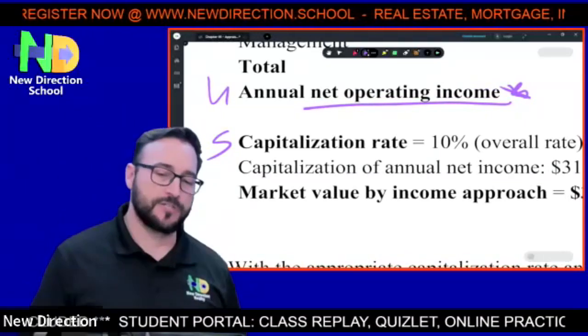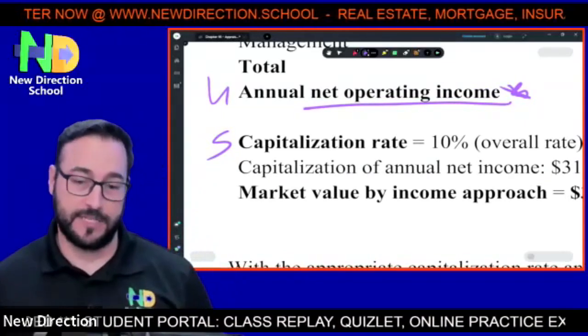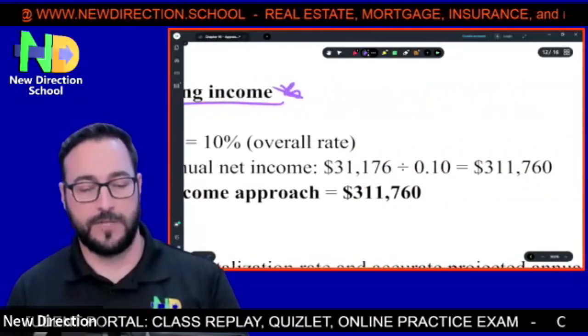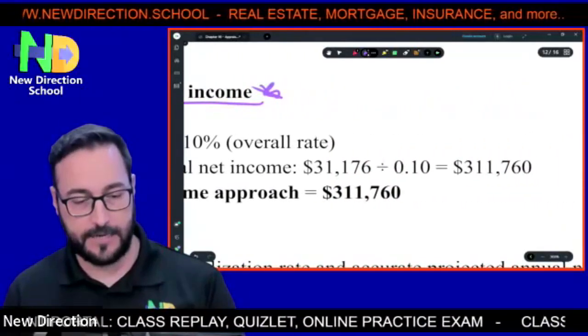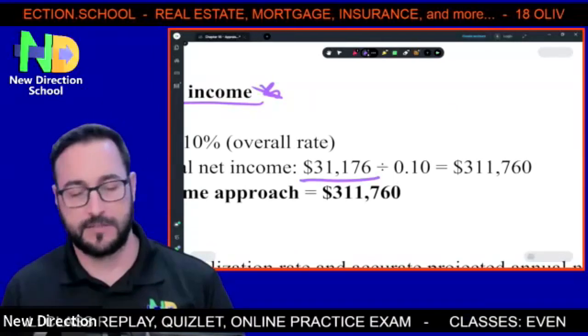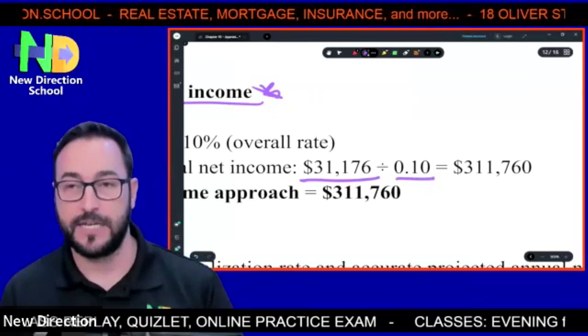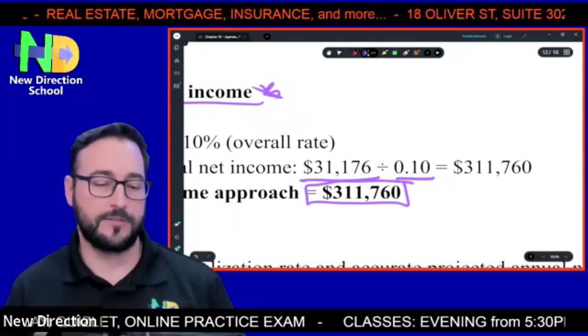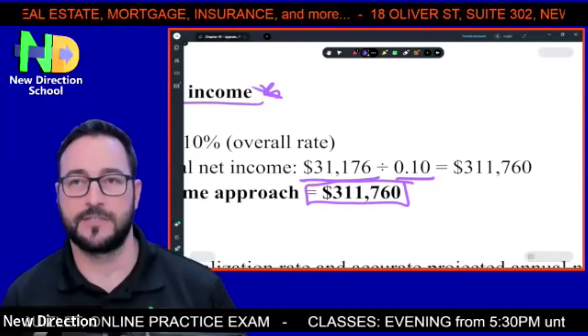Next is the capitalization rate. We found out that 10% was the capitalization rate for this type of property. So the capitalized net income is based on 31,176 divided by 10%. This property is worth 311,760.